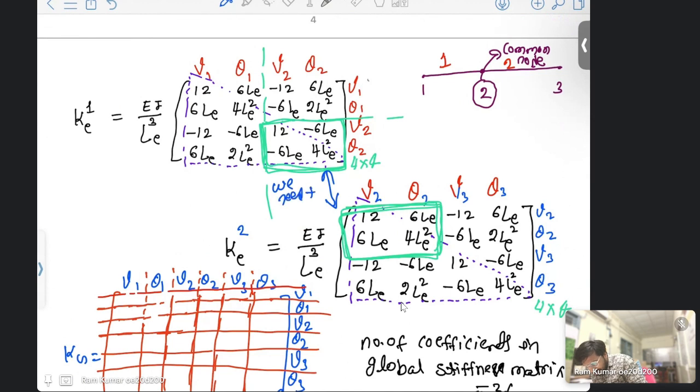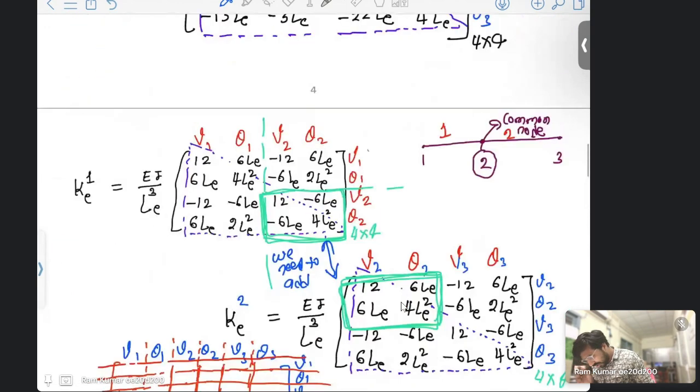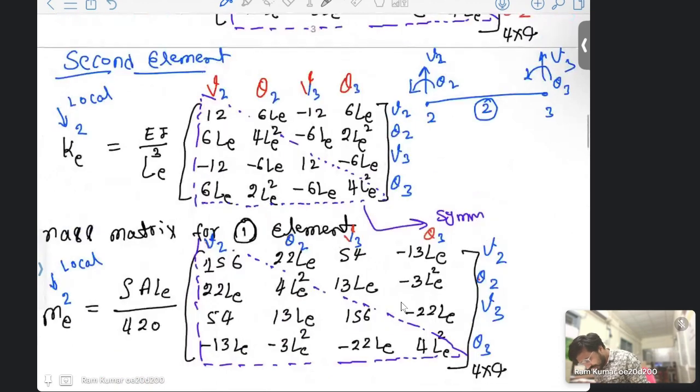We need to add. And similarly for that mass also. So these four.